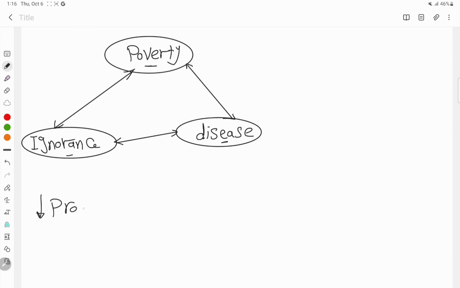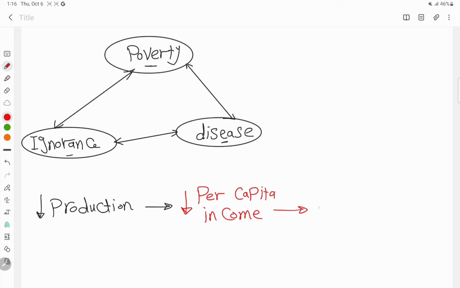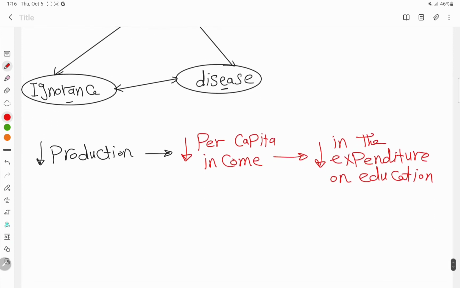When production decreases, then your income will decrease, so a decrease in per capita income, and then a decrease in the expenditure on education, and then an increase in ignorance and disease.